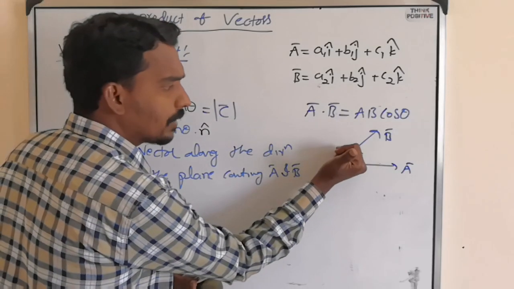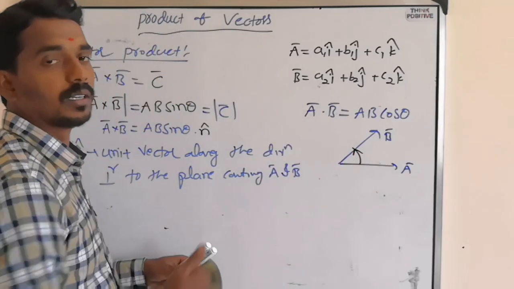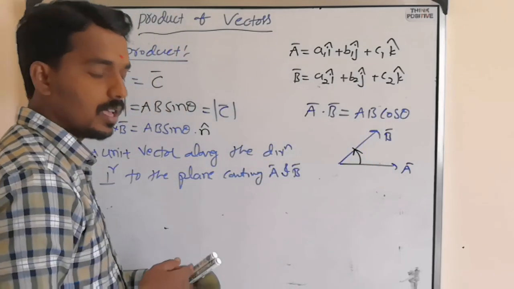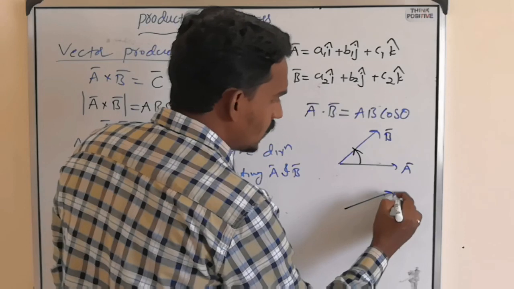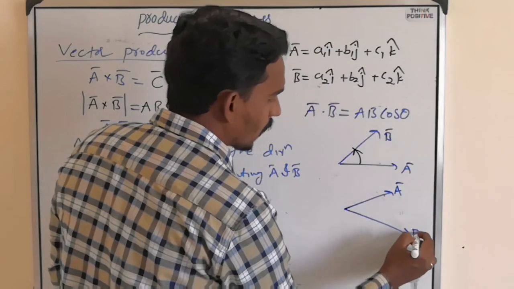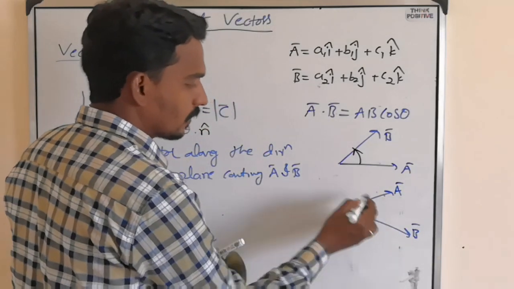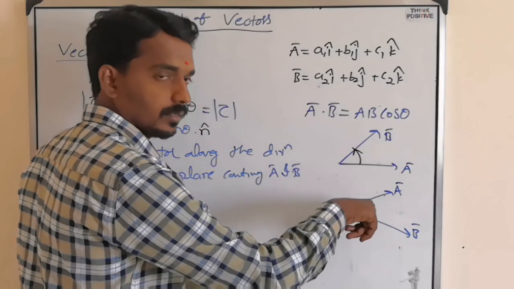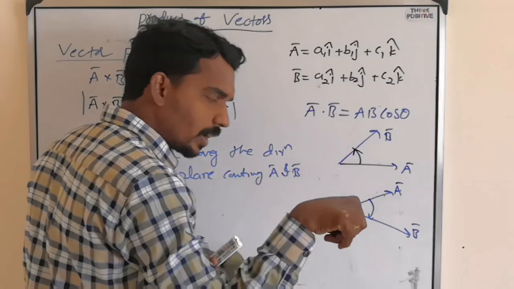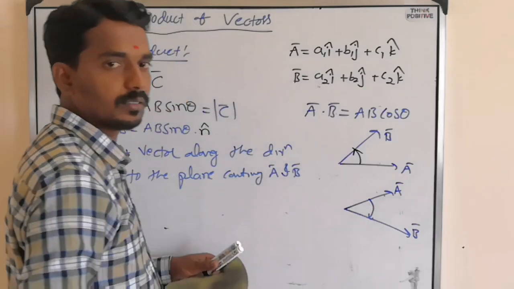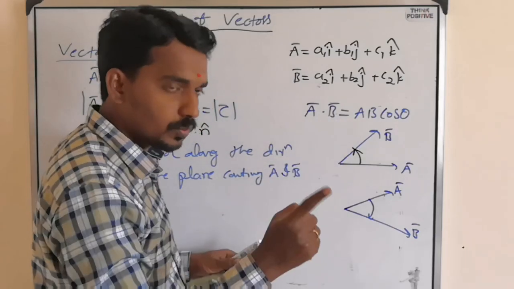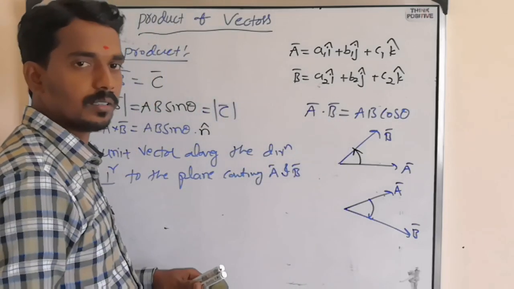So what is the direction of A bar cross B bar? Outward. A bar cross B bar direction is outward. Suppose now this is A bar, this is B bar. Then you have to curl from A to B, and the fingers are going inward. See, this is also z, this is also z, but this is outward, this is inward.